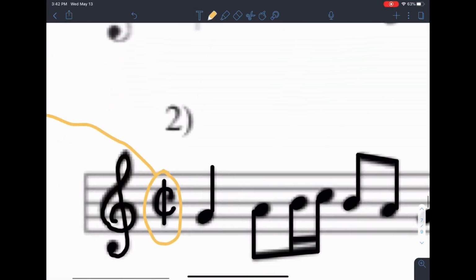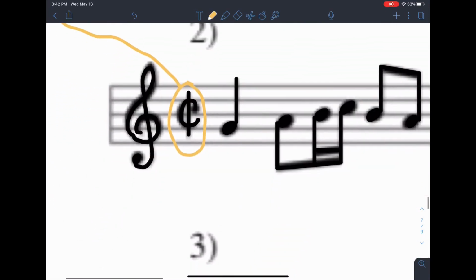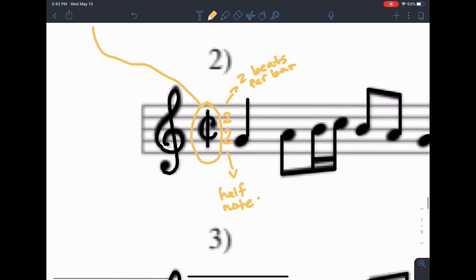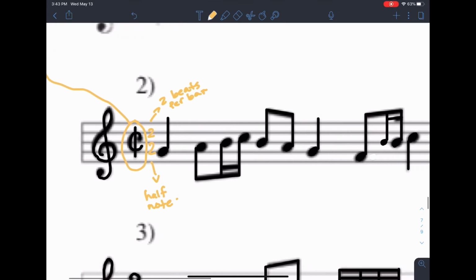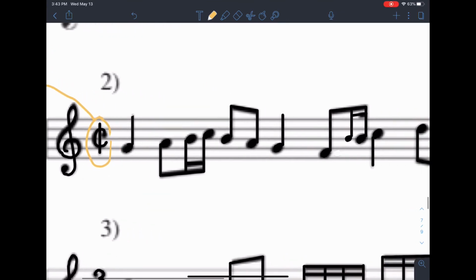So when we see this symbol here, it's really 2/2, which means we have 2 beats per bar, and our half note gets the beat. That means we have 2 half notes per bar. And the math we do from here on out means we have to take that into account.